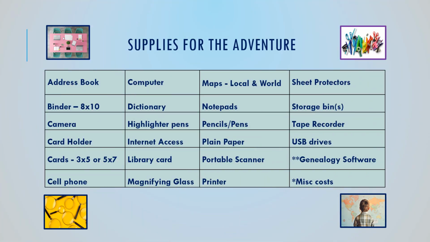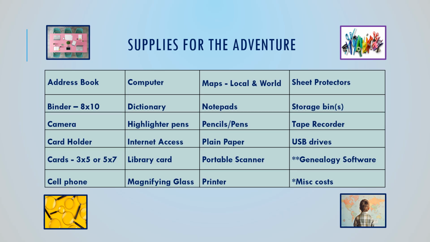Listed below are some of the supplies that children will need for this exciting adventure. Many of them are already in their home. Have them place copies of documents in sheet protectors and placed in their binders. Even though much of it can be kept on a computer, it's always best to have copies of the documents in their binder.